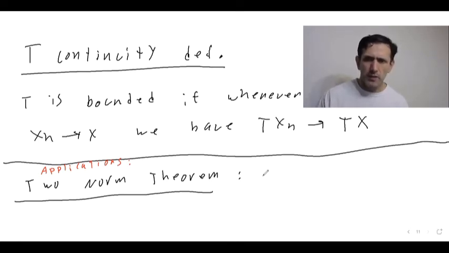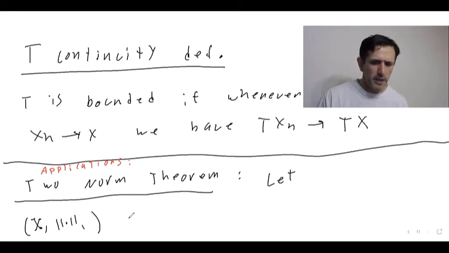So the theorem says, let's say we have, and this alone is used all the time in probably every single branch of analysis you can think of, operator theory, PDE, whatever.